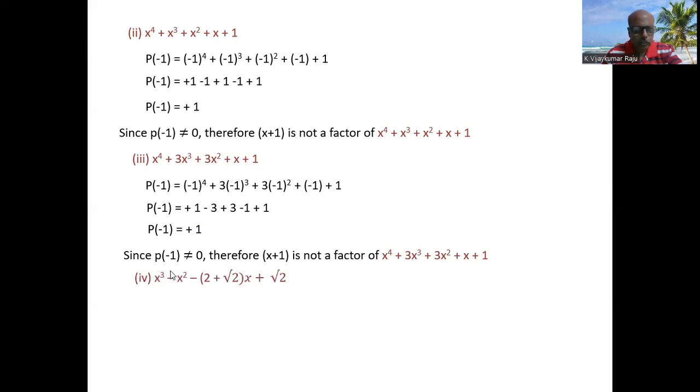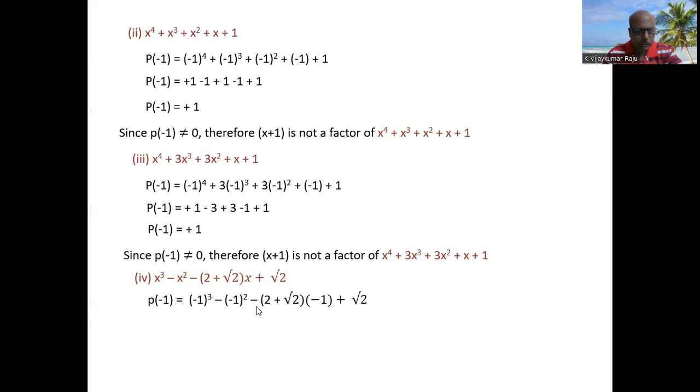Let's take the next, the fourth. Again, you put x equal to minus 1. Minus 1 raised to 3 minus minus 1 raised to 2 plus root 2 times minus 1 plus root 2. So this minus and this minus will become plus.